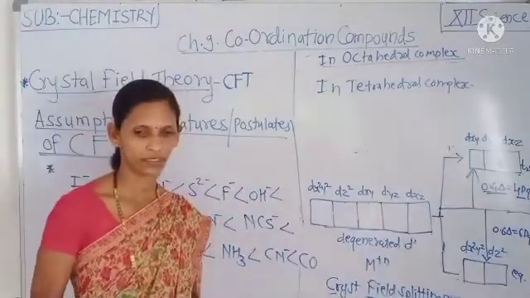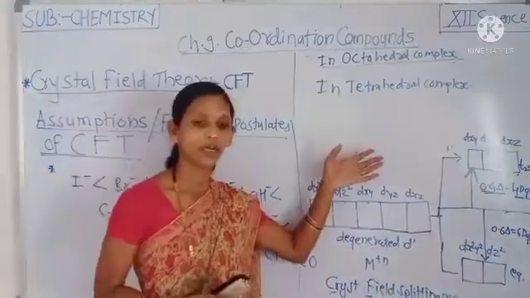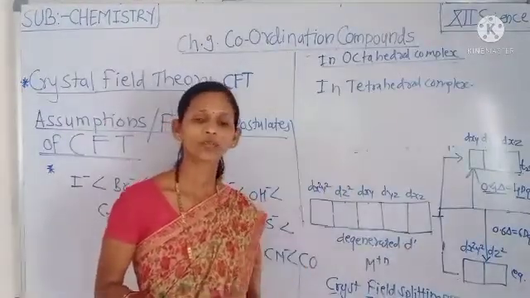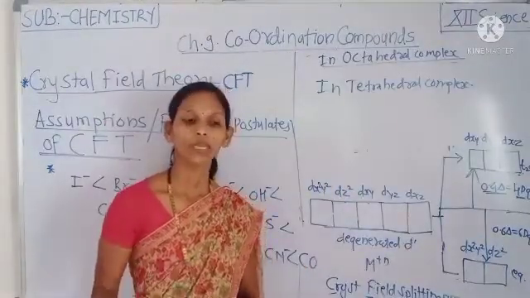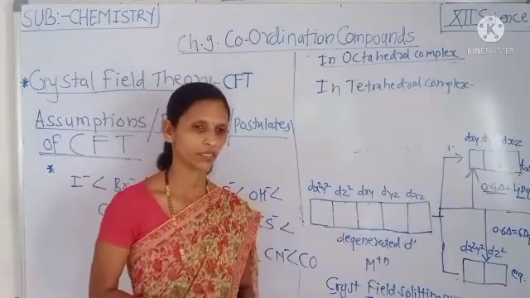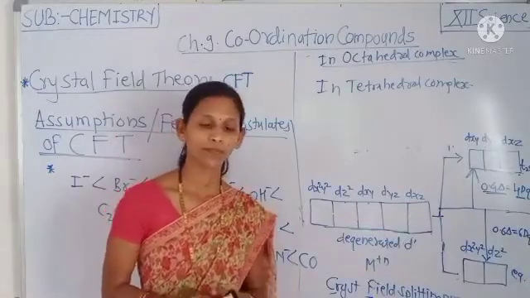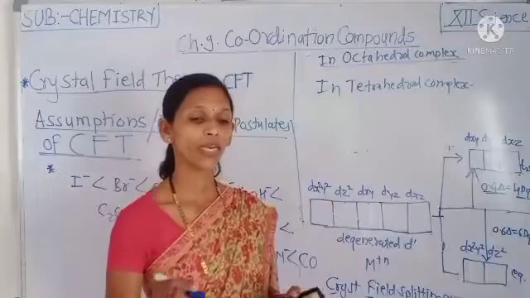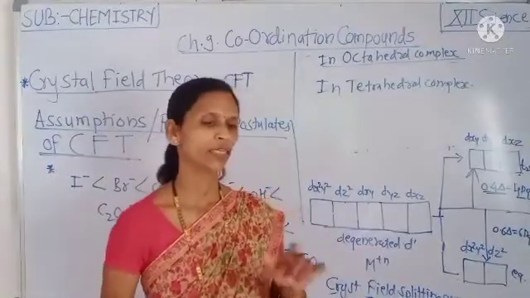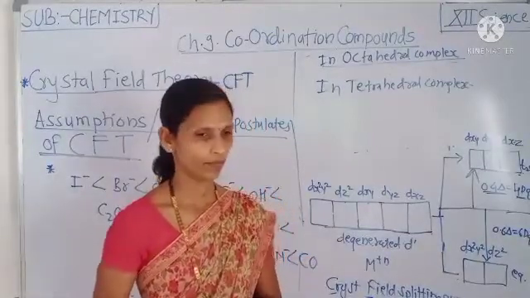Different types of complex compound formation take place according to the number of electrons present in the d orbital.